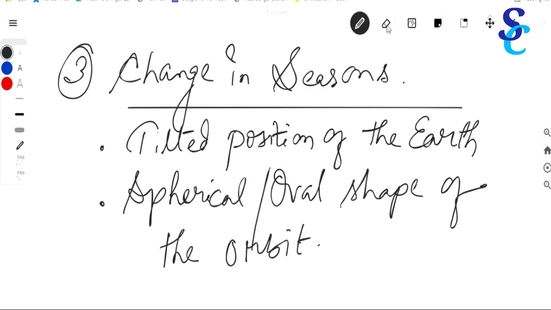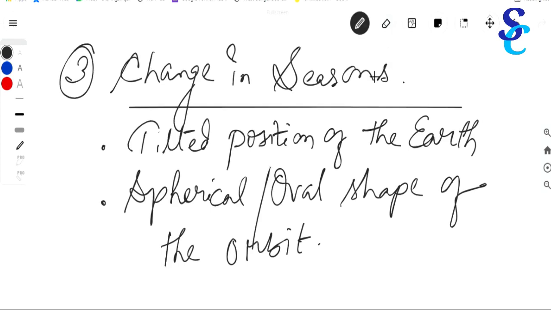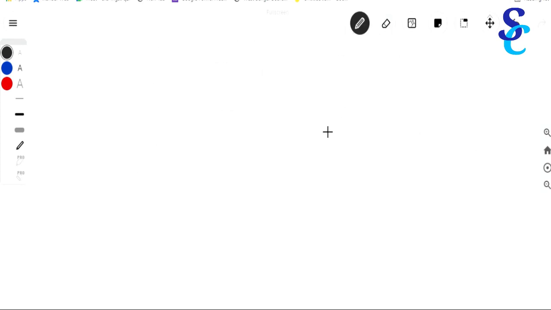Now, how do these changes in the seasons occur? The entire formation of the change of seasons can be illustrated by one single and simple diagram.